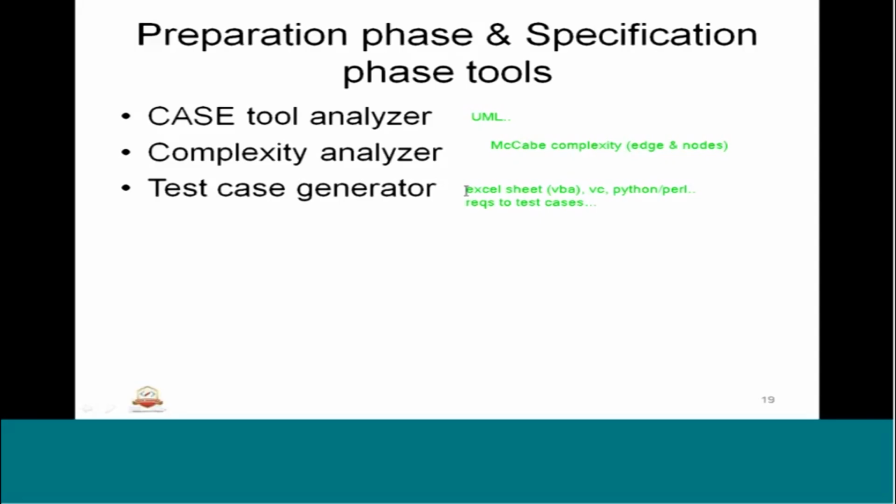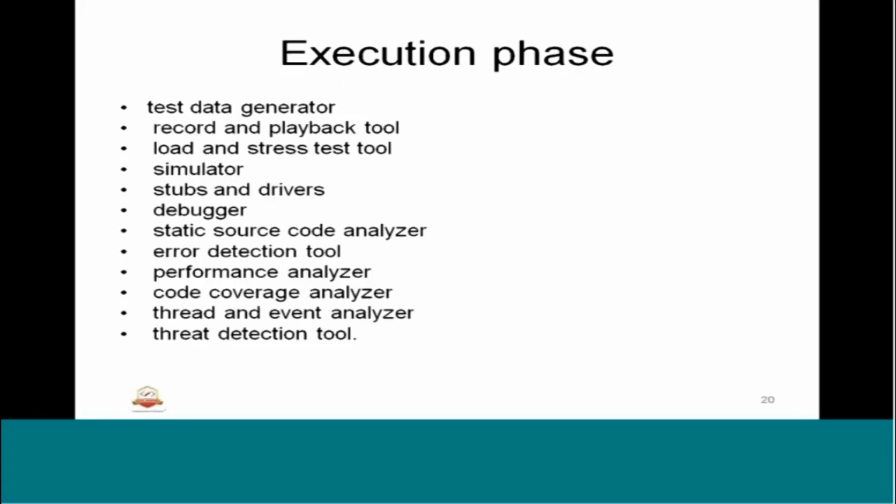With the help of these tools, the test cases can be generated automatically and consistently. It will be used for different requirements, changing requirements and so on. So that's how test case generators are used in the preparation and specification phase of embedded system testing.